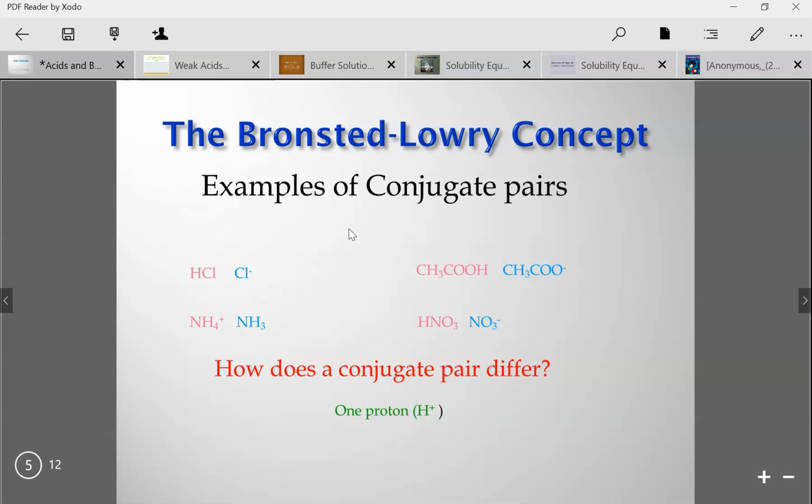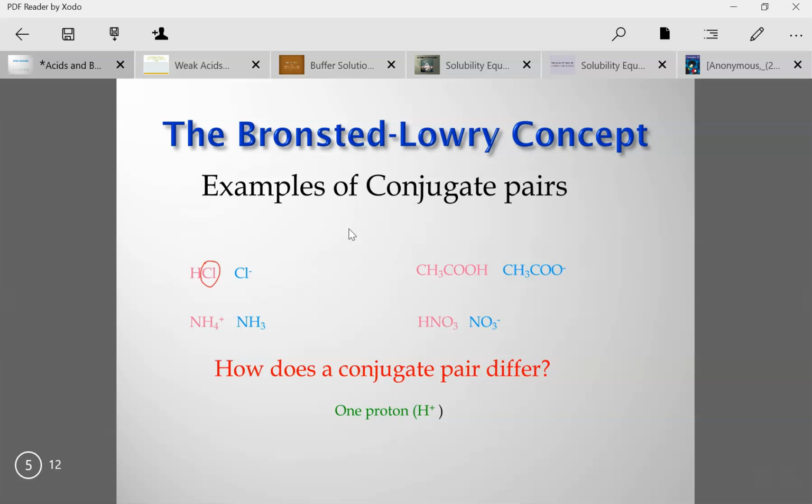And each acid has its conjugate base. Let's look at the Cl. Once it has accepted the electron from the hydrogen and donated the hydrogen, it becomes Cl minus, which then means that Cl minus has a lone pair to accept the hydrogen back. So any acid has its conjugate base.